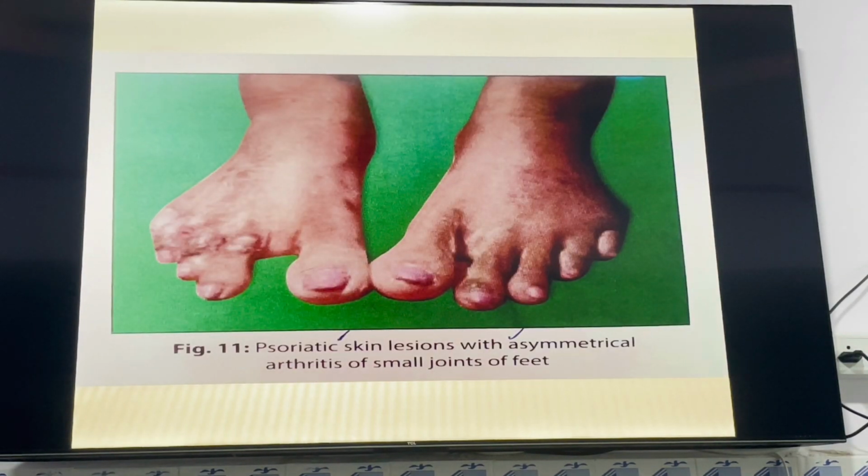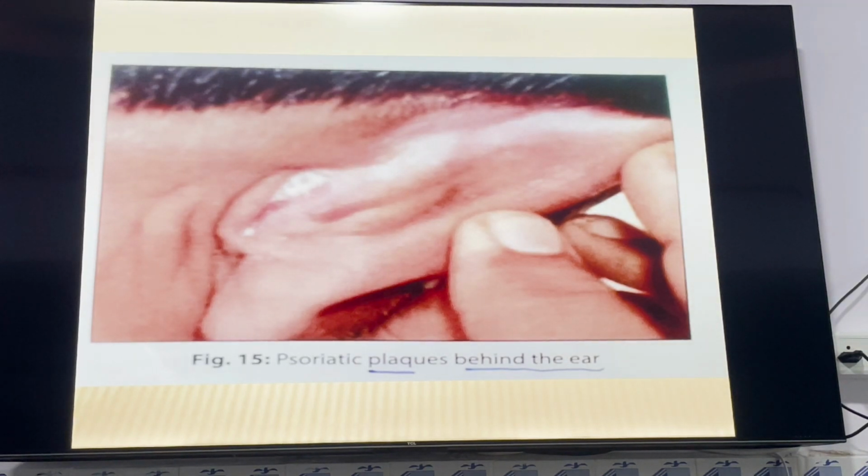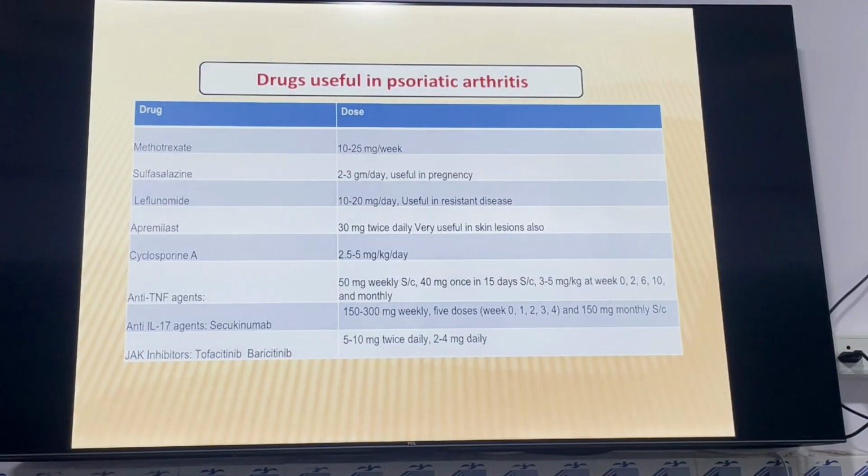See the psoriatic skin lesions, asymmetrical arthritis, the small joints. So plaques behind the ear, sometimes in hidden areas. Okay, behind the ears, and below the breast region, or intergluteal cleft, soles of the feet. These are the areas one should examine to rule out psoriasis.